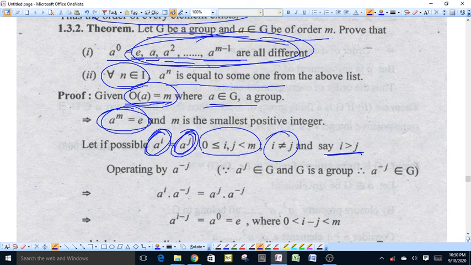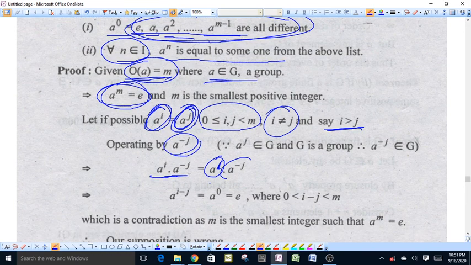Because a raised to power j is an element of G, this means the inverse of this element exists, and a raised to power minus j also belongs to G. Now, operating a raised to power i dot a raised to power minus j, which may be written as a raised to power i minus j, which is equal to a raised to power 0, because a raised to power i is equal to a raised to power j.